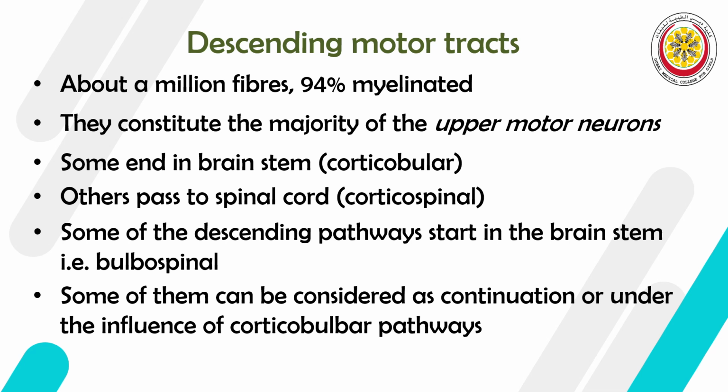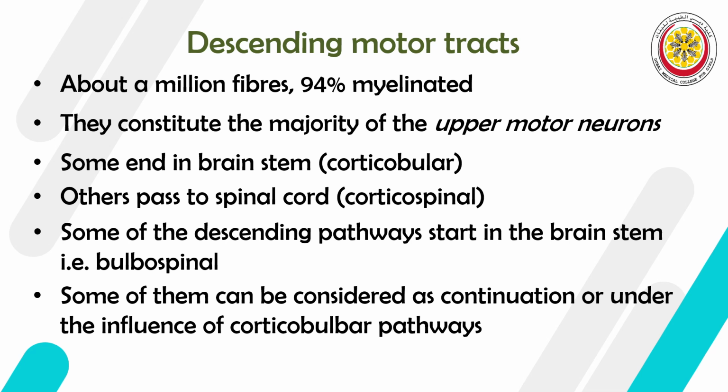What do we call this? Bulbospinal. We call them the bulbospinal. Now, some of these bulbospinal can be considered as a continuum or a continuation of a pathway. So there are corticobulbar and bulbospinal continuous tracts.